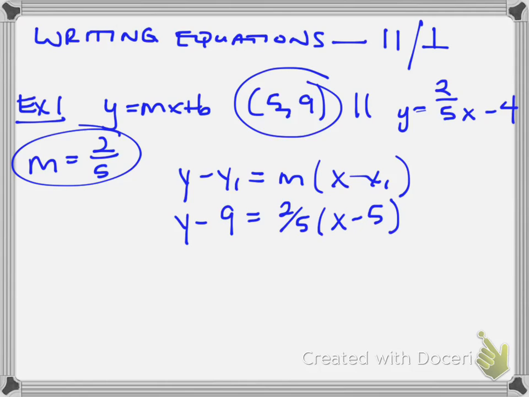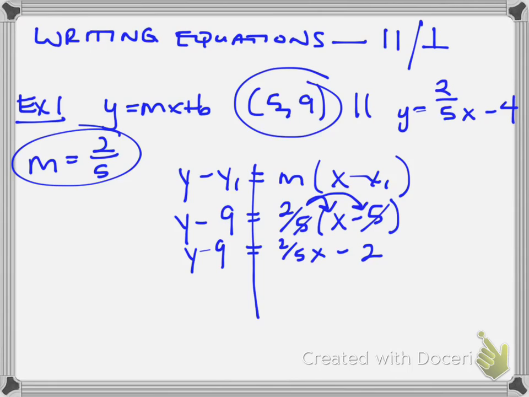Okay? Now I want it to be slope-intercept form because I'm not done there. So what do I got to do now? Okay, I got to distribute. Am I going to do anything with this y minus 9? No. So it stays y minus 9. 2/5 times x is 2/5 x. 2/5 times negative 5 is negative 2, because these cancel, right?